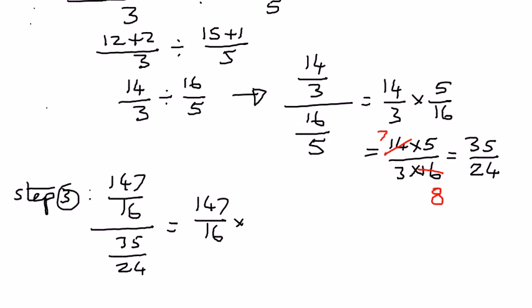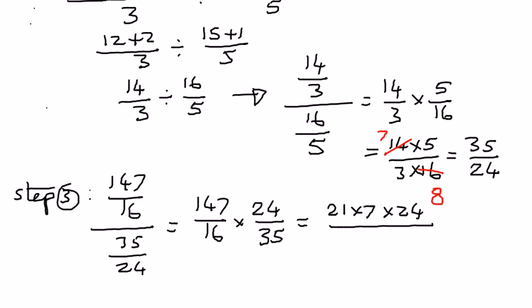The reciprocal of 35 over 24 is 24 over 35, like that, right? So therefore now we can simplify this some more. We know that 147 is 21 times 7, right? And then we have the 24 there.